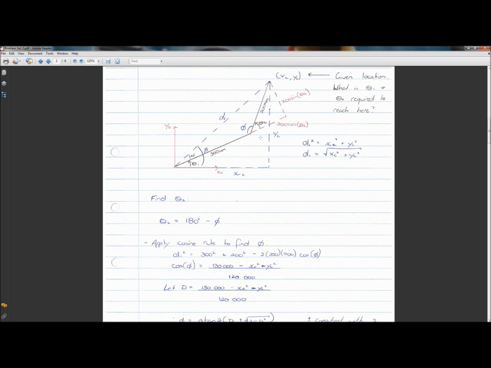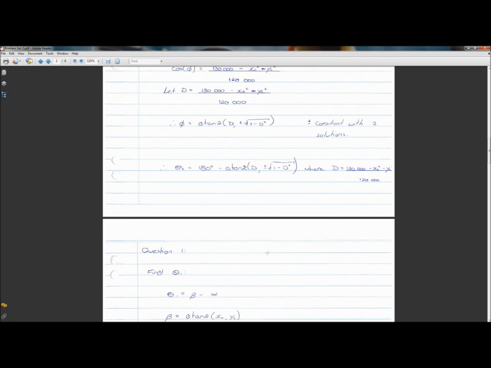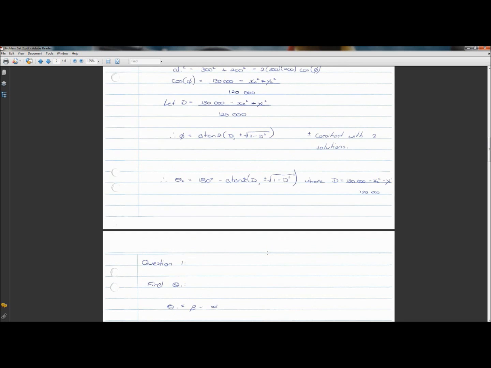So theta 2 will be equal to 180 degrees minus phi, which is atan 2 of D plus or minus the square root of 1 minus D squared, where D equals that. So that's theta 2. We then need to find theta 1.